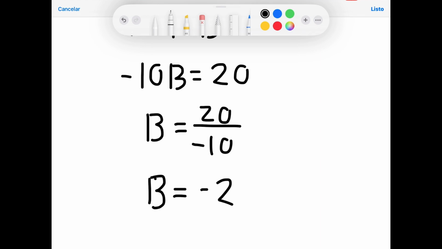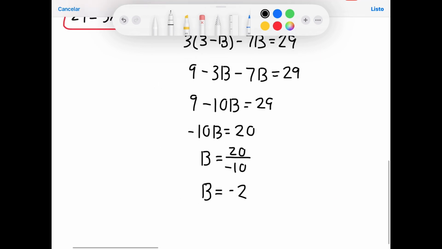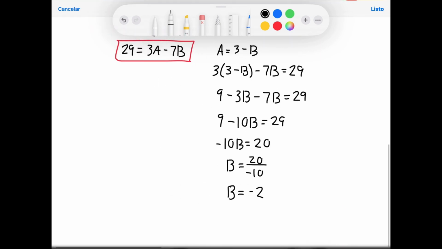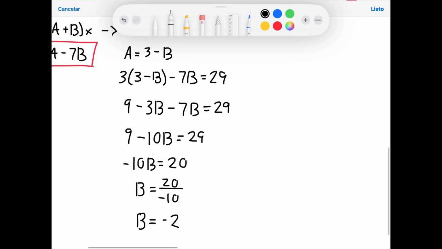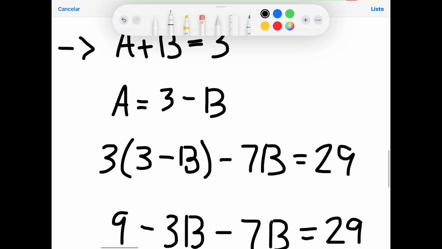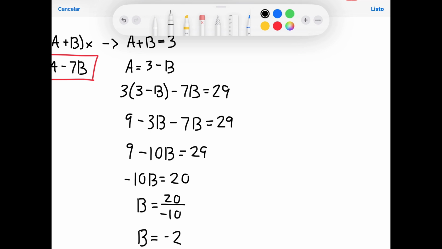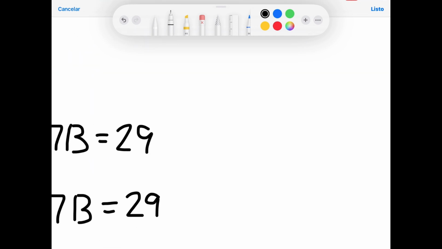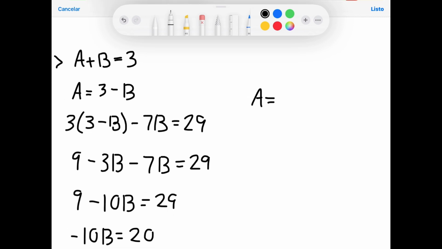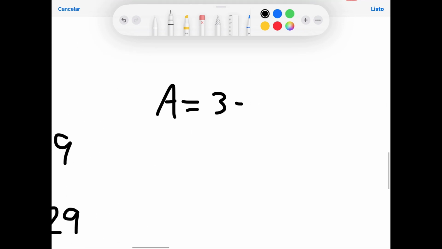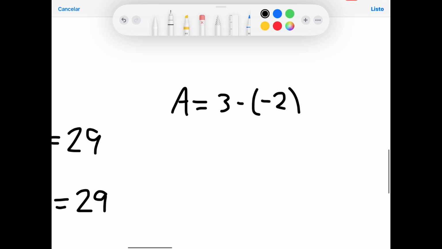Now we find a by substituting the value of b in the equation. My equation here was a equals 3 minus b. So to get a, I just substitute the b for minus 2. So a equals 3 minus minus 2.